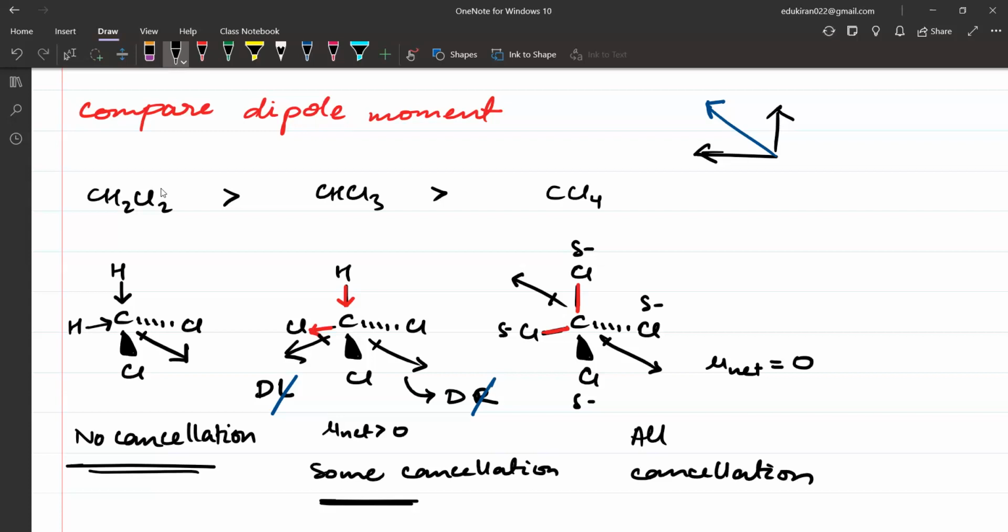So just by looking at the structure, we can predict. We don't have any values, so we just have a relative idea of which is going to have higher dipole and which is going to have lower dipole. Understood this? Yes or no? Please tell me. Yes, sir. Write this down.